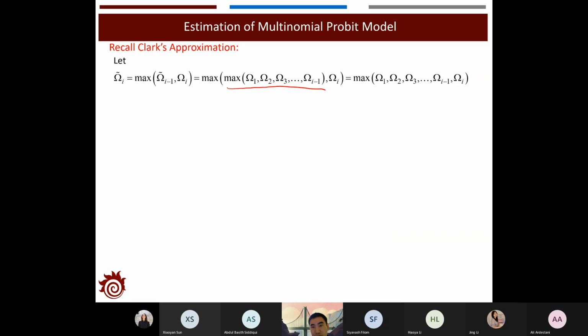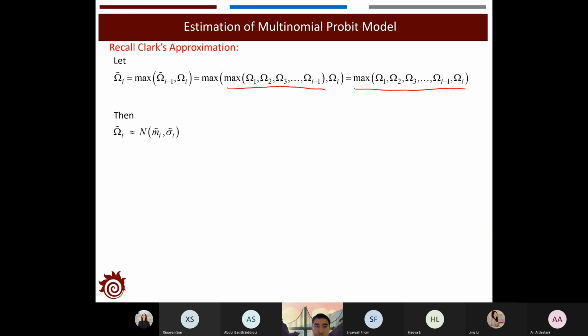That just means it is the maximum value of omega 1, omega 2 until omega I minus 1. And with this kind of iteration, we can then find out the distributions of omega J minus 1.